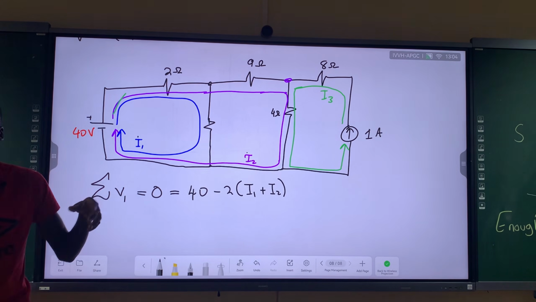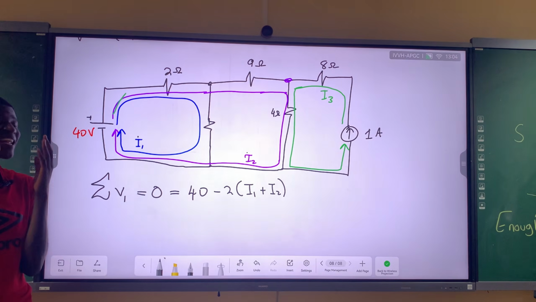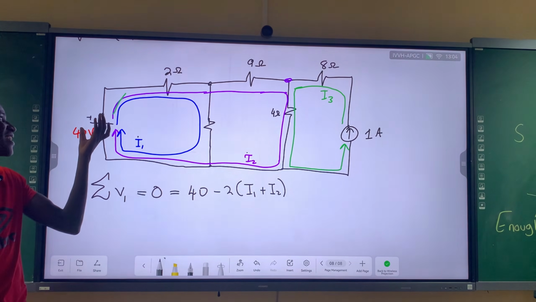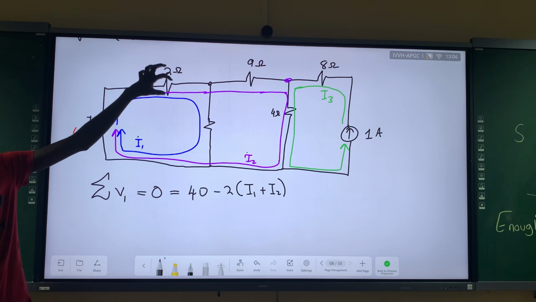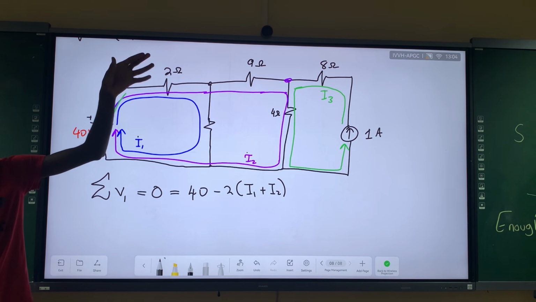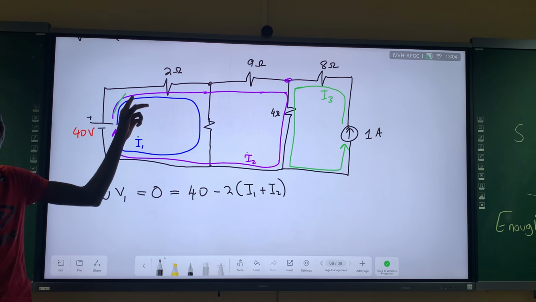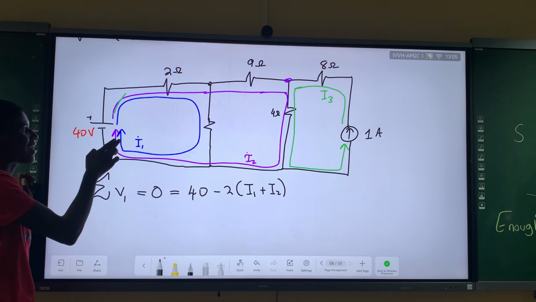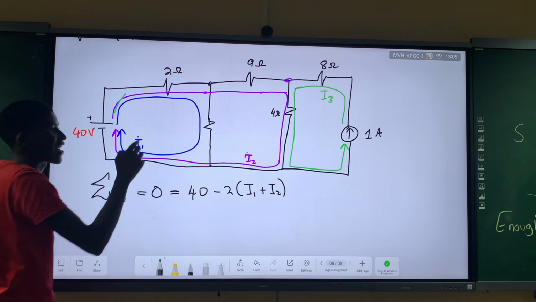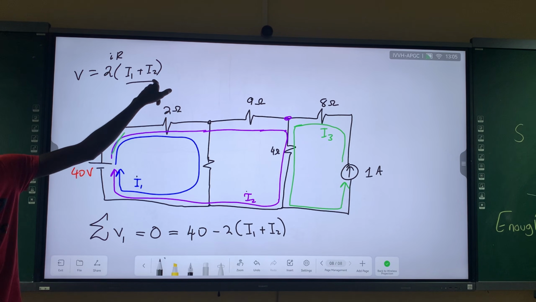This is just a mathematical way of representing things, but looking at it with common sense, you would say the current coming from 40 volts is the exact one entering the 2 ohms, without any splits. But in this case, you must understand that these loops represent I1, the first part of current, and the second part of current. So whenever you are making your expression, make sure you have both parts.